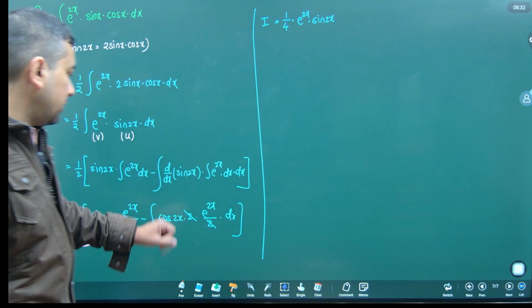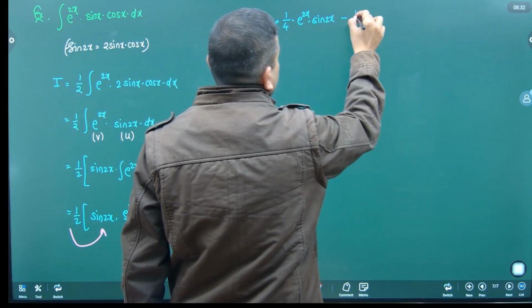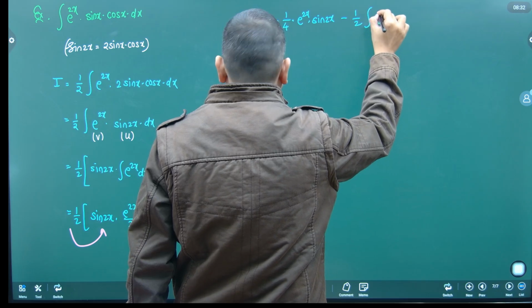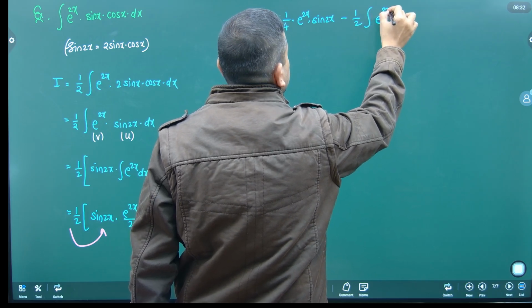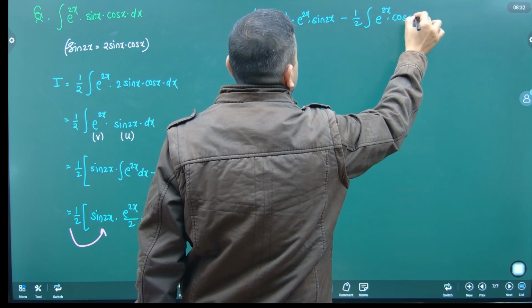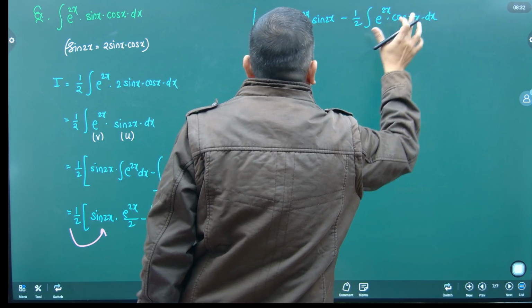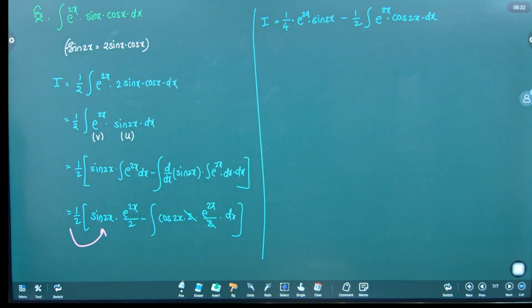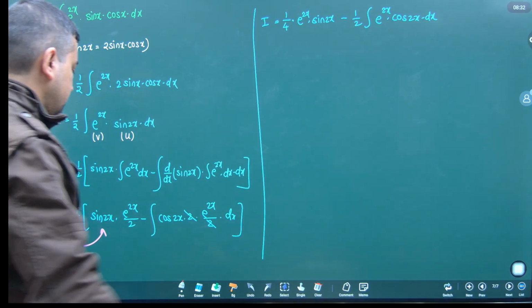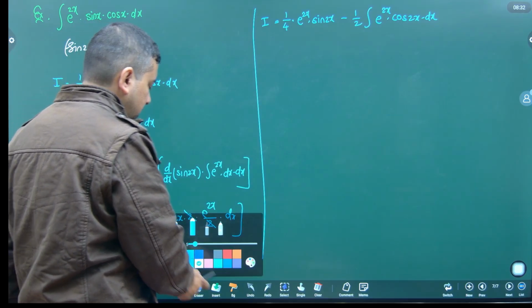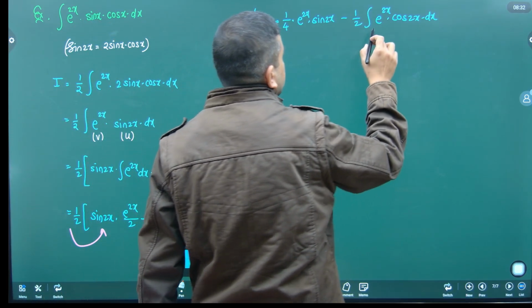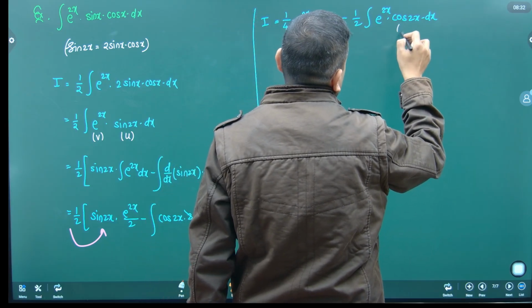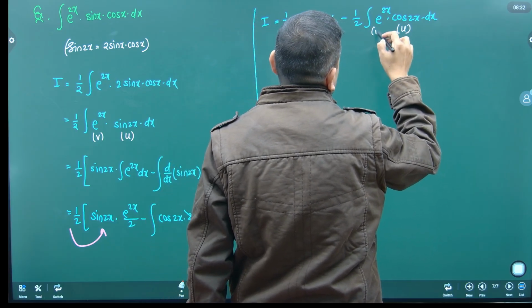Minus 1 by 2 into this, minus 1 by 2 integral e to the power 2x into cos 2x into dx. So again you are having u into v form, let us use that. Which function is to be u, which function is to be v? This is exponential, this is trigonometric, again this will be your u, this will be your v. Simple?